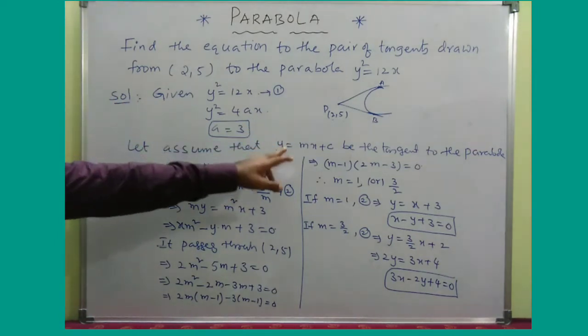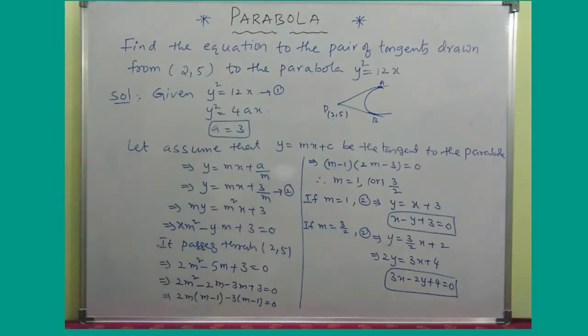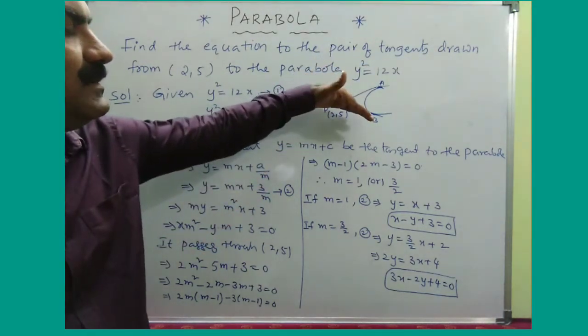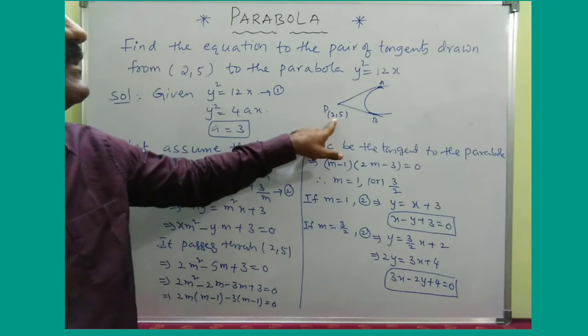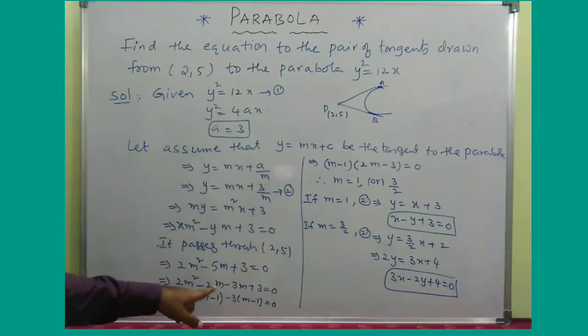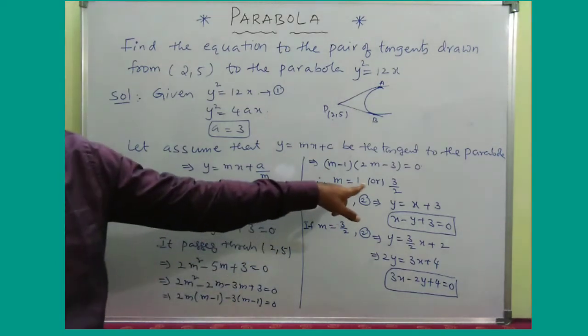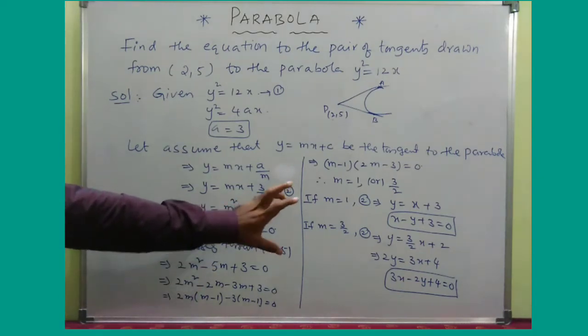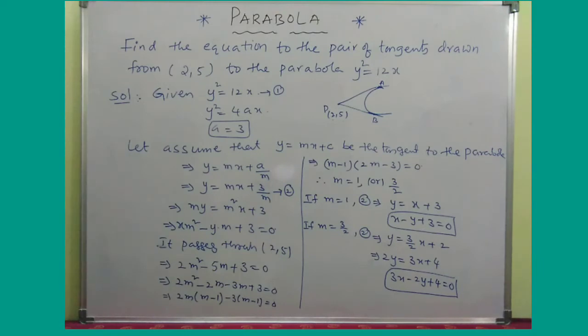Assume that generally a line is the tangent, which is y is equal to mx plus c. If it is a tangent, then the condition is c is equal to a by m. After that, finally, either PA or PB must pass through the given point. Using that we get a quadratic. On solving the quadratic we get two values for m, and after substituting those m values in equation 2 we get the required equations of the tangents.